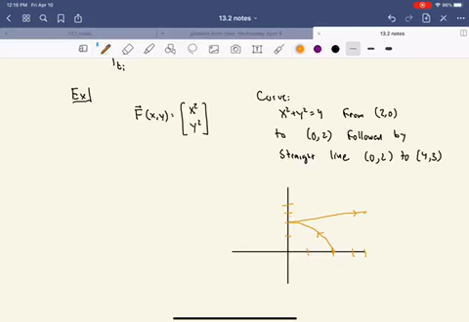So we go like that. I'm going to call this C1 and that C2, for curve 1 and curve 2. So let's first write out the parameterization. Okay, so C1, hold on just a second here, sorry.